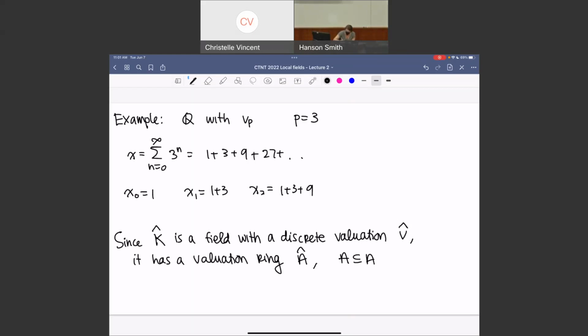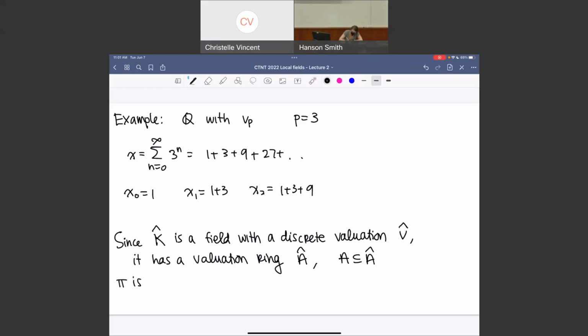A is inside of A hat, the valuation ring of the first one. And A hat is the completion of these. The way the valuation extends is that you essentially have a sequence of elements of A to get to an element of A hat. Of course, at the beginning you might have stuff in K because you're being a bad person, but eventually you have to be in A.